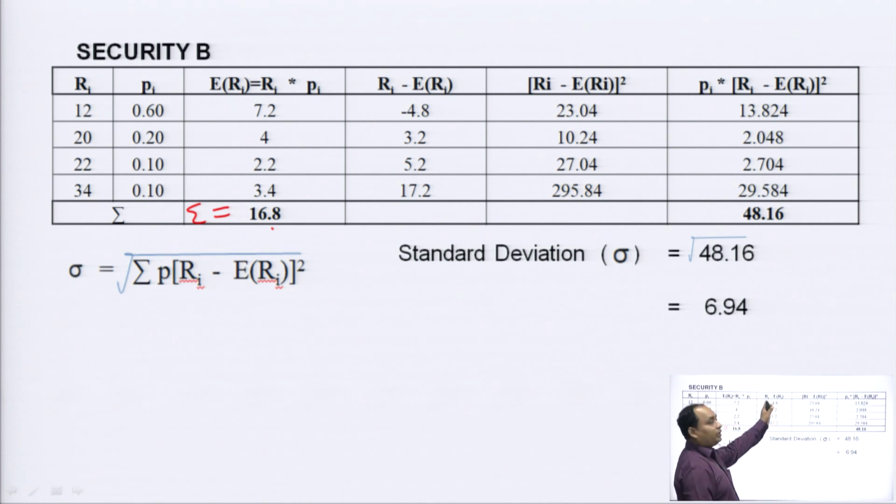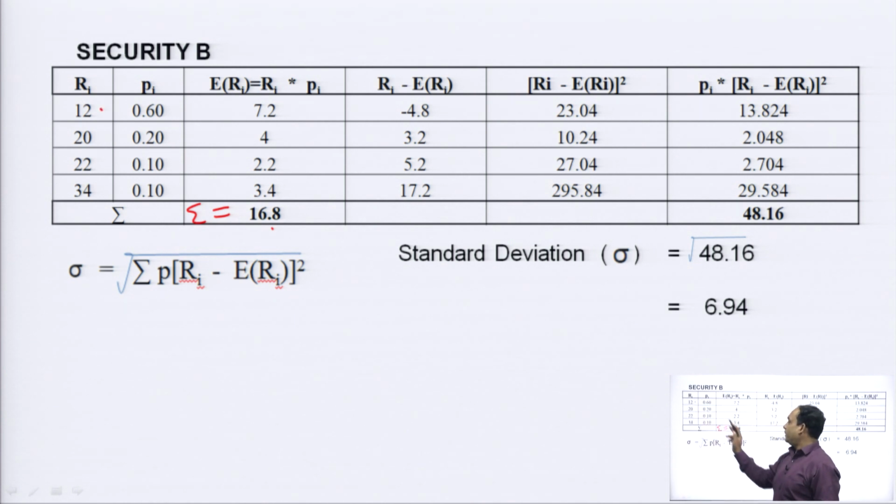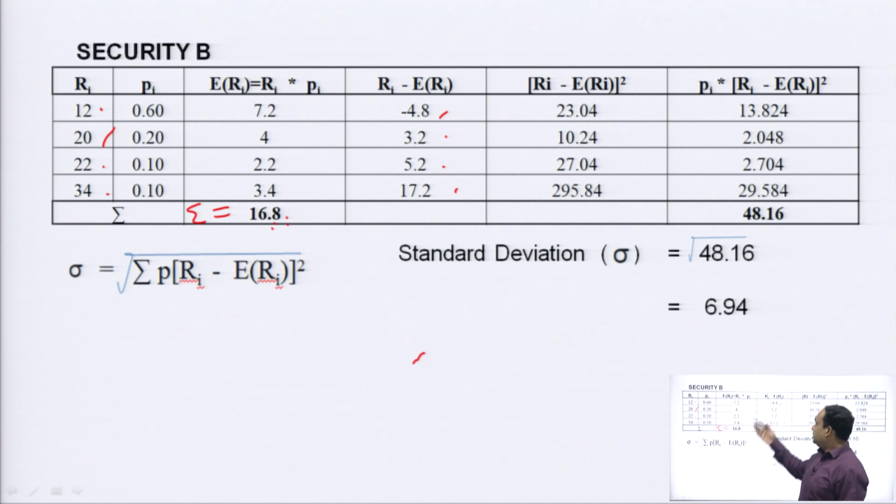Now we calculate the deviation between the expected return and the possible return. 12 minus 16.8 is minus 4.8, 20 minus 16.8 is 3.2, 22 minus 16.8 is 5.2, and 34 minus 16.8 is 17.2. These are the deviations.